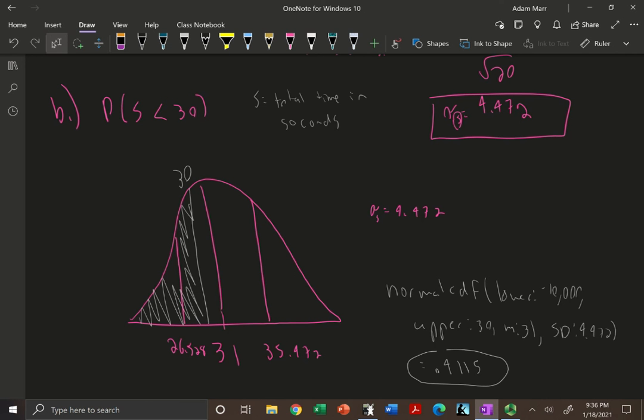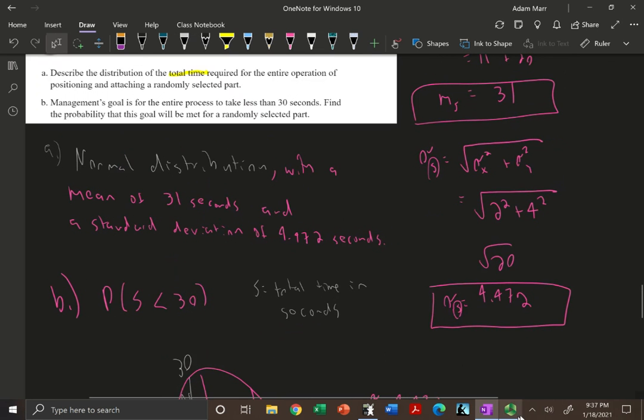Remember, if you're using a calculator, which I think everyone is, make sure you do normal CDF. So you're probably okay right there. Okay, guys, that is about it.